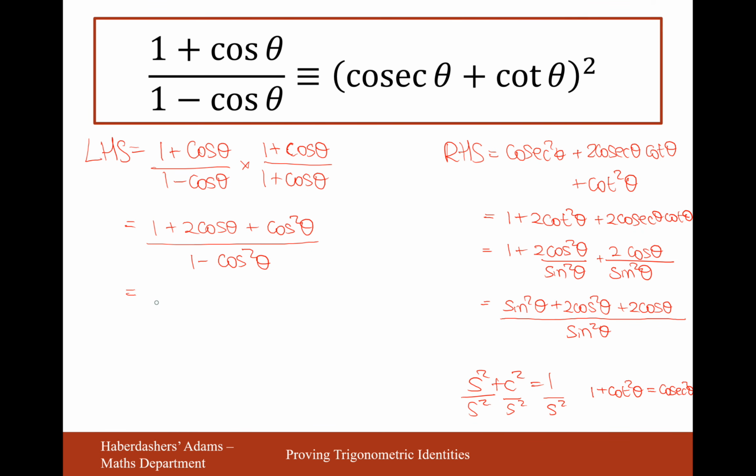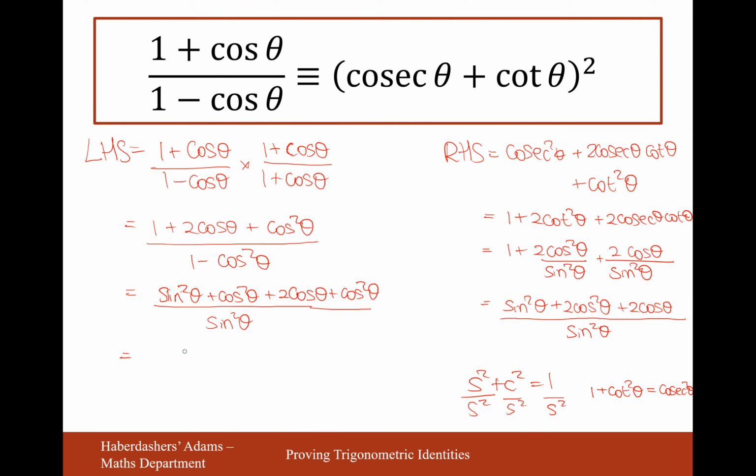So 1 minus cos squared theta is sine squared theta, so I've got the same on the denominator now, so I must have something that matches up on the numerator. What I'll do is I'll turn this 1 into sine squared plus cos squared, so sine squared theta plus cos squared theta, and then that would be plus 2 cos theta plus cos squared theta.